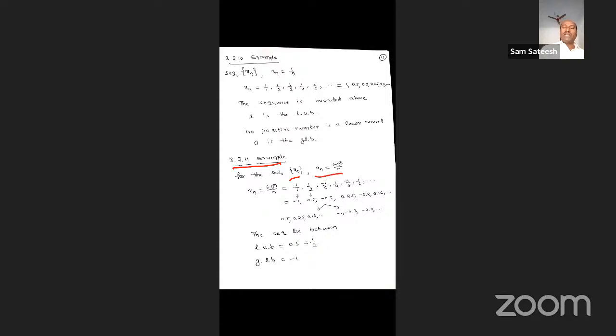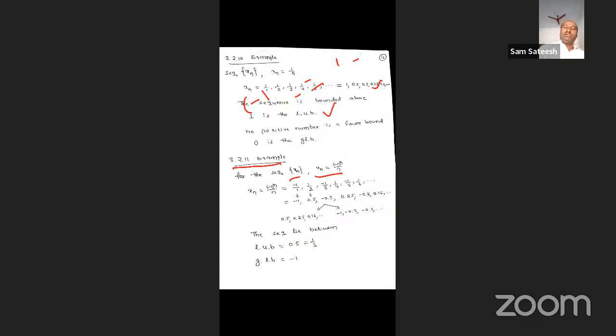We have taken this. If we substitute the values of n: -1/1, then 1/2, next -1/3. If n is equal to 1, it implies -1/1. If n is equal to 2, we get -1 whole square by 2, which is how much? 1/2. n is equal to 3, we get -1/3. n is equal to 4, we get 1/4. n is equal to 5, -1/5. n is equal to 6, 1/6.